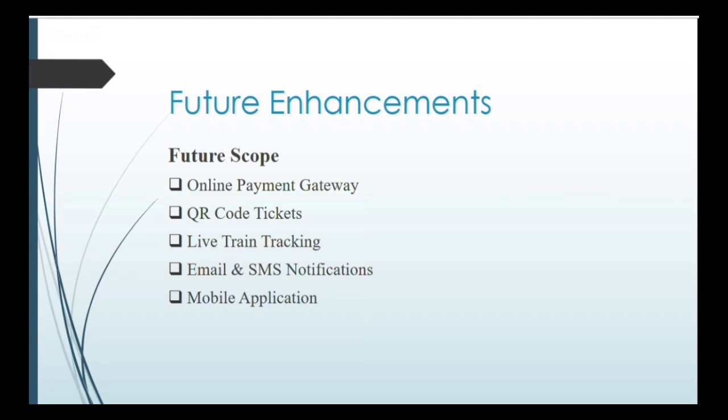We can also add live train tracking so passengers can see real-time updates of train arrival and departure. Additionally, SMS or email notifications can be included to inform users about their booking status and updates. So these improvements can make the system more advanced and closer to a real-world railway reservation system.